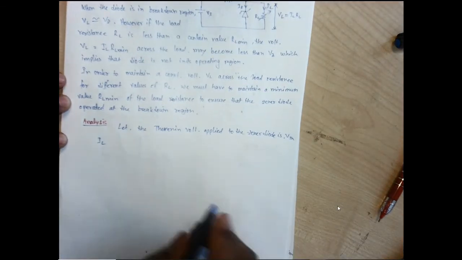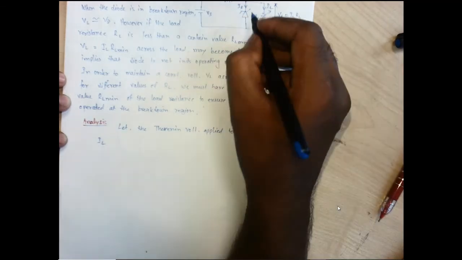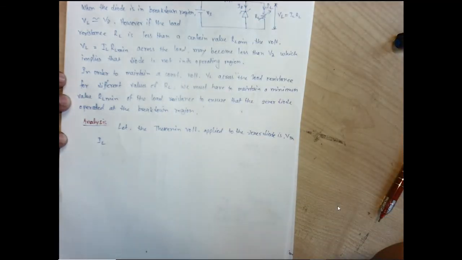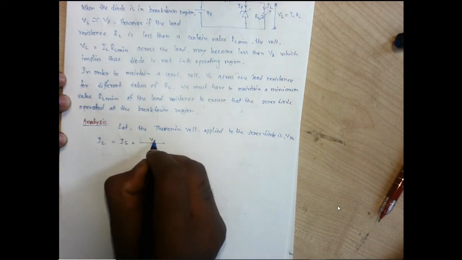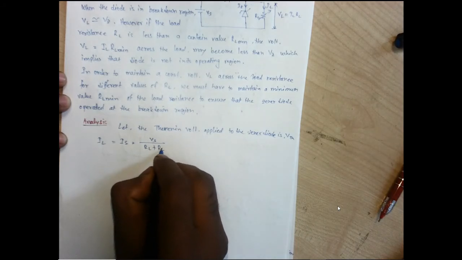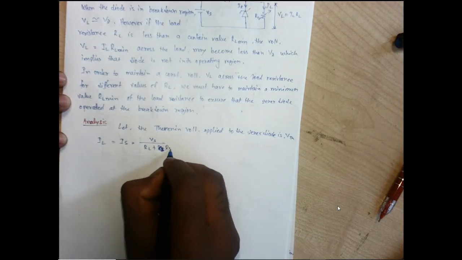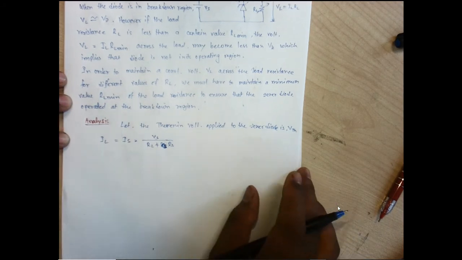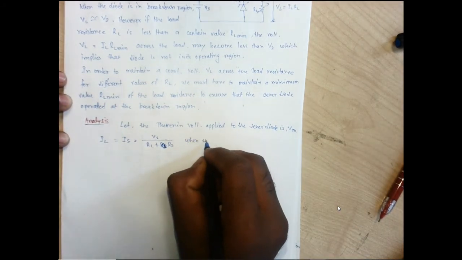So this IL will be the same as IS when the Zener diode is open circuit. When will it be open circuit? When it is not at all in the breakdown region. So IL is equal to IS, which is VS by RL plus RS, when the diode is open circuited.